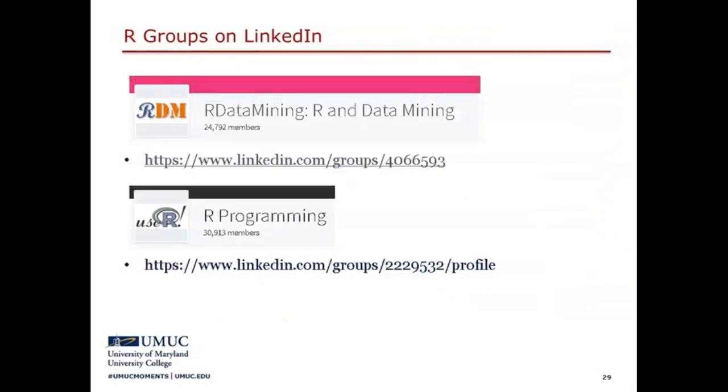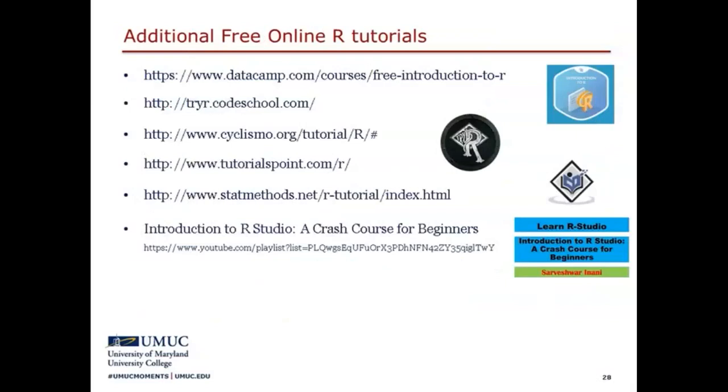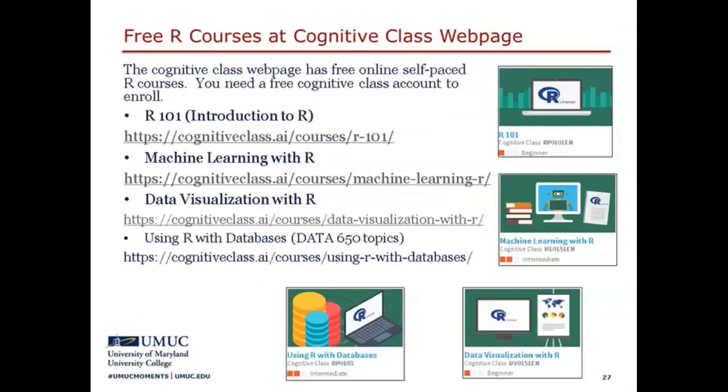You might have it somewhere in the classroom, but just in case, the Cognitive Class webpage has very nice courses on introduction to R, machine learning with R, data visualization, and if you are in a data analytics program, and even if you are not, if you're just working on a certification or something like that, not the full program, you might be interested in how to work with databases.